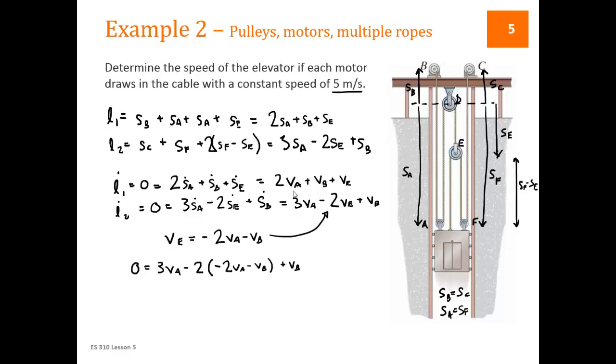Yep, okay, so let's write these out. 3VA plus 4VA, plus 2VB plus VB gives us 7VA plus 3VB. So we are given this 5 meters per second is equal to VB.